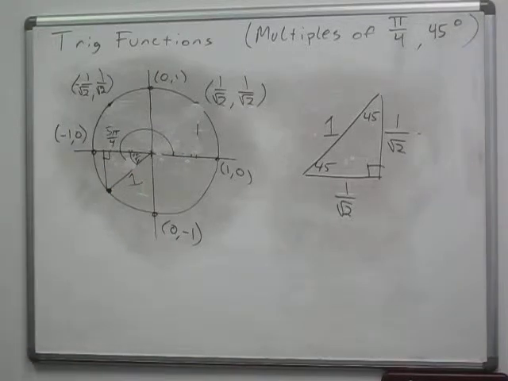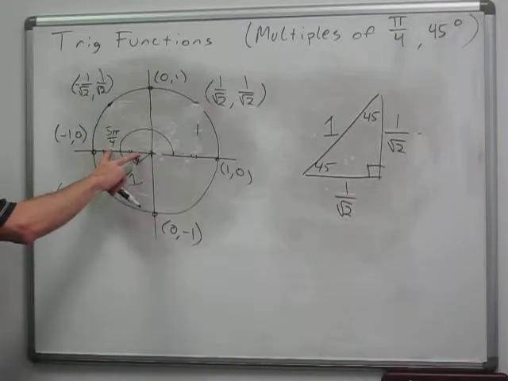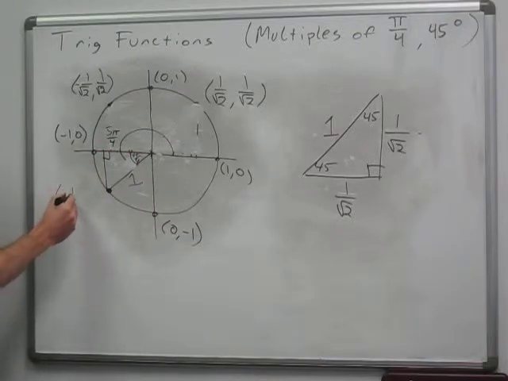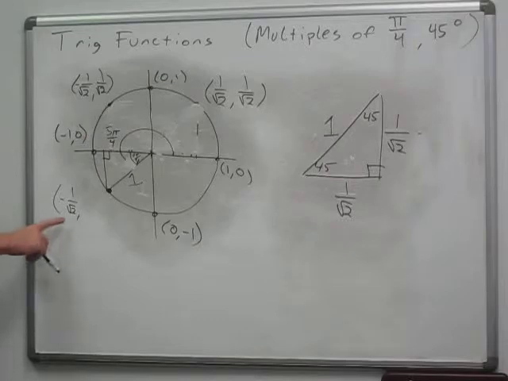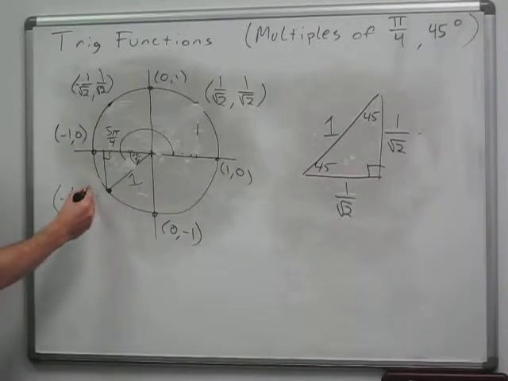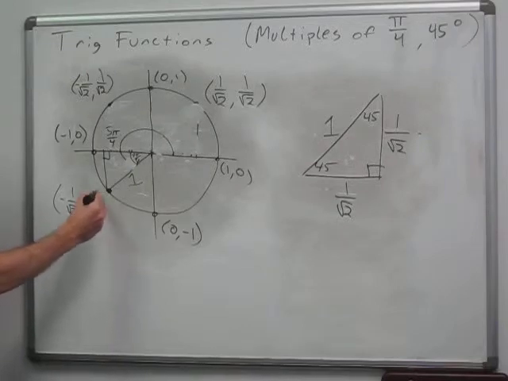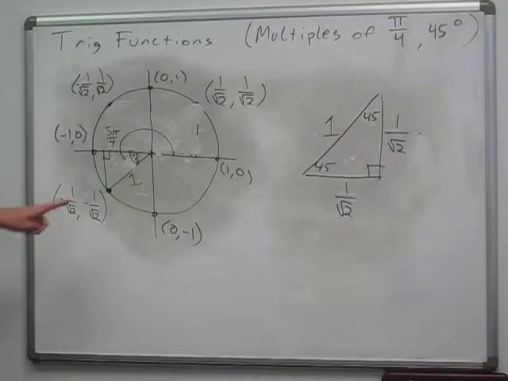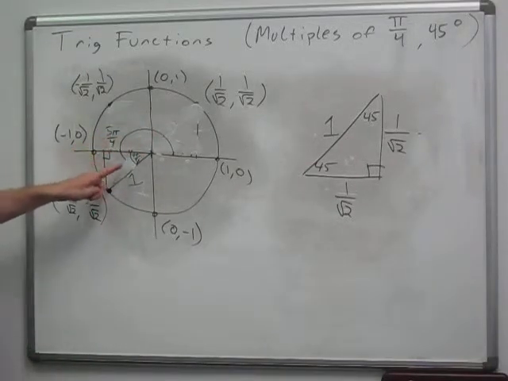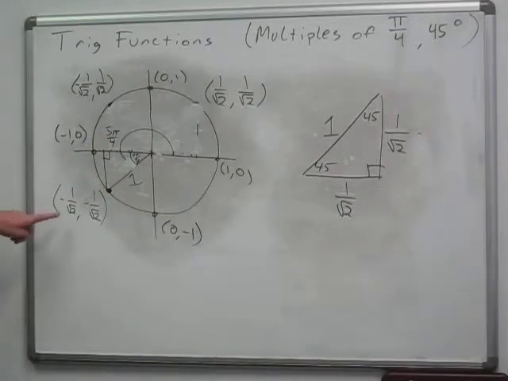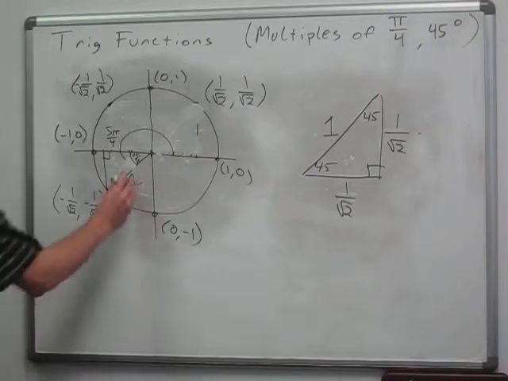The length of this leg is still 1 over radical 2. It's in the negative direction for x, so the x-coordinate is negative 1 over radical 2. The y-coordinate is now also in the negative direction. So this point associated with 5 pi over 4 is negative 1 over radical 2, negative 1 over radical 2.